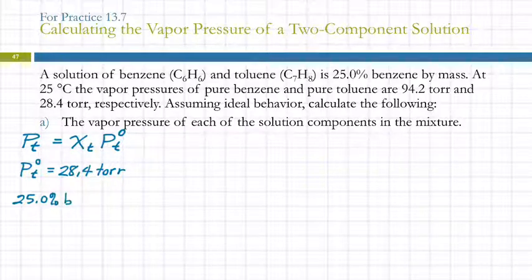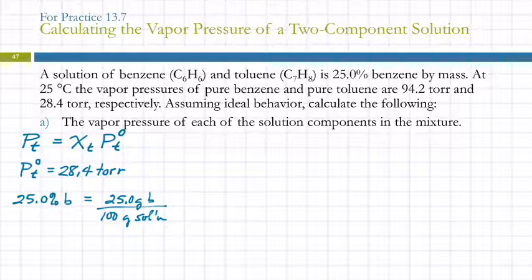What does that mean? 25% of whatever you want, but another way to do it is 25 grams per 100 grams. So we could express this as 25.0 grams of benzene per exactly 100 grams of solution.